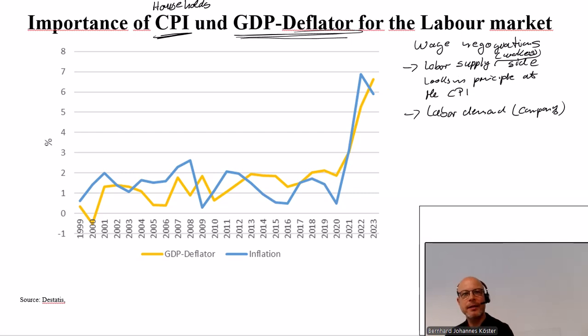Because then I can say my revenue has increased by 2%, then I can also increase my labor cost by 2%. So this is also a reasonable argumentation. And also the companies argue, well, if I would increase your wage by 4%, then I have an overproportional increase of the cost side.